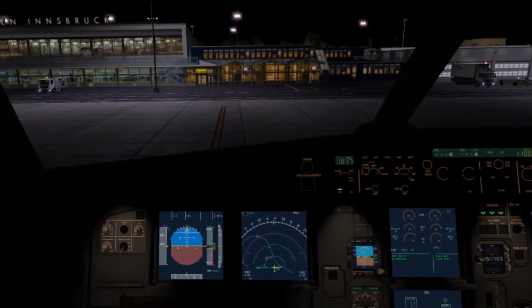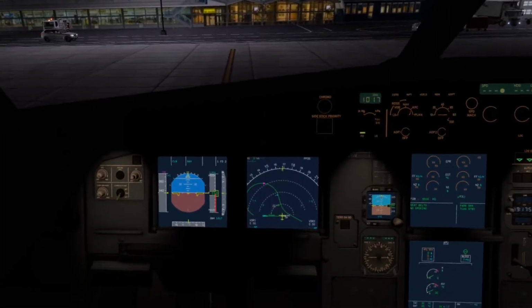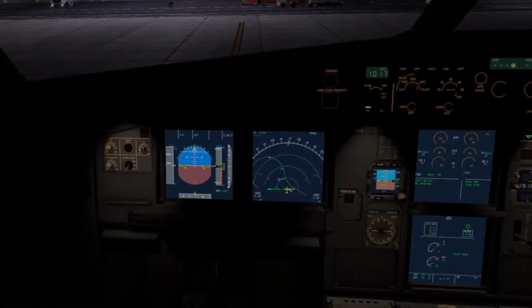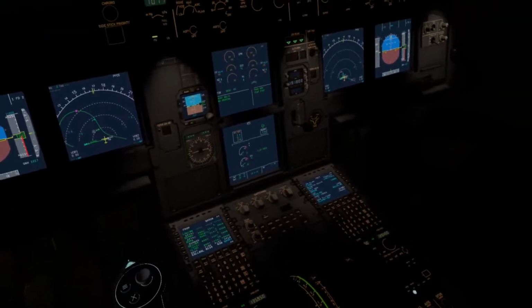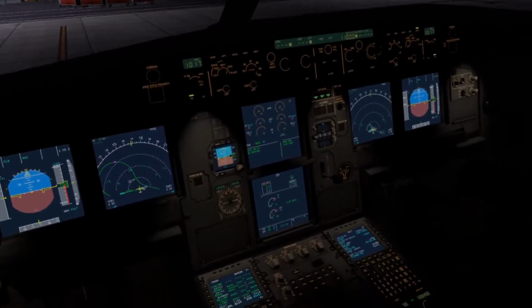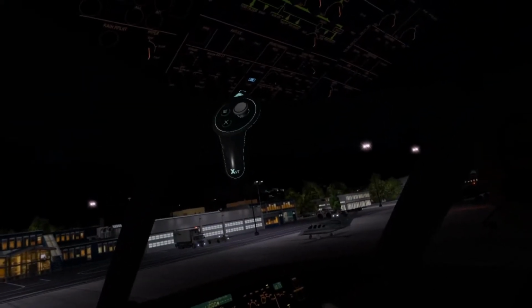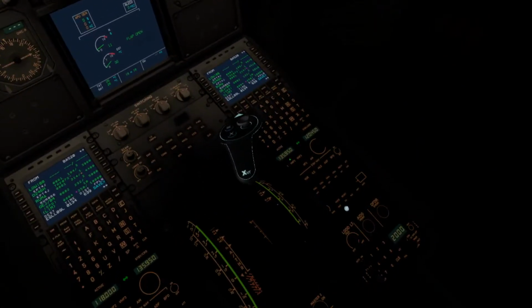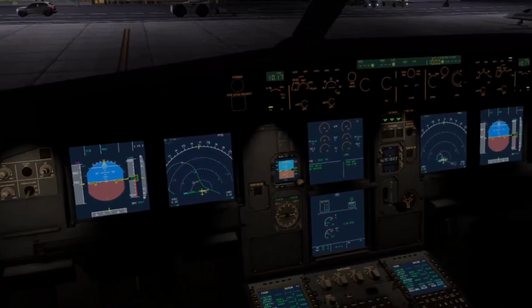In the real cockpit I'd be at this position normally. Now that we're all good, waiting for the flap. Okay, flap is open. Now we can start the APU, and then we're going to start the checklist, and then we're going to be off.